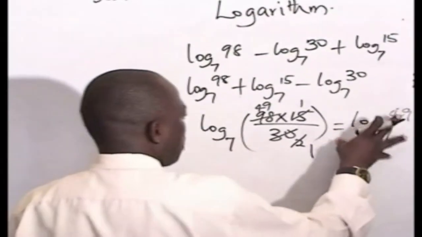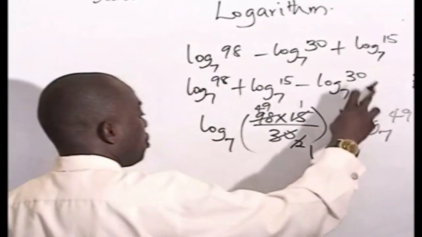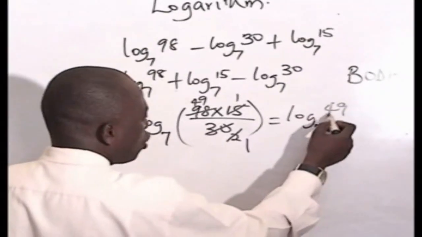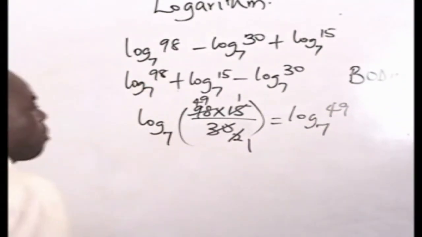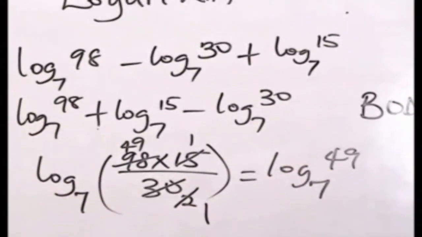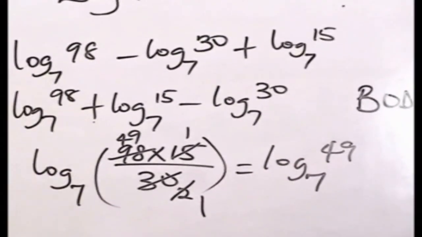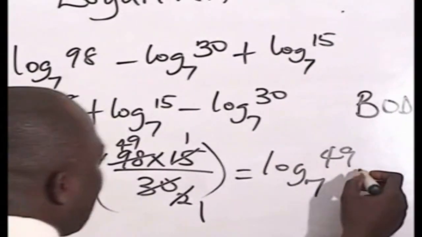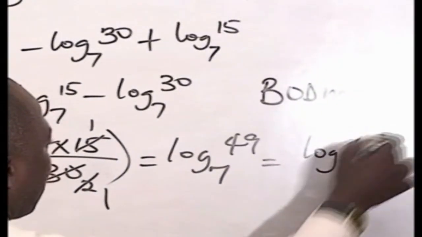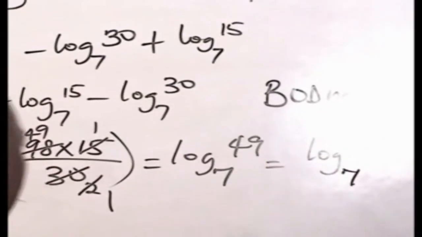And of course, one of the laws we consider today says that if you look at the number you have here and it can be further simplified, like in this case 49 is a perfect square, just like 16 and 25. 49 then can be expressed as log 7 raised to power 2 base 7.